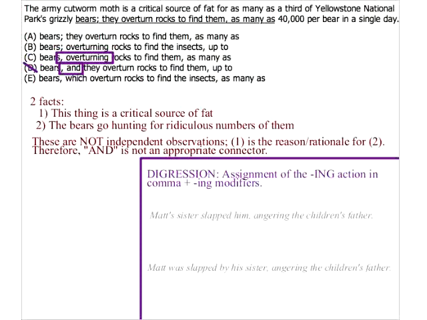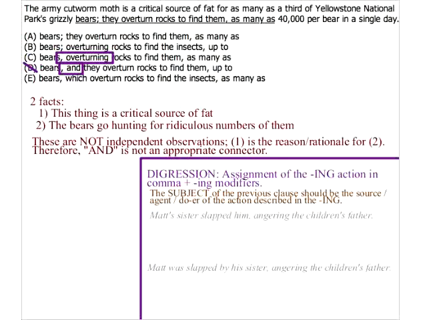So the subject of the previous clause should be the source or agent or doer of the action described in the ing form.